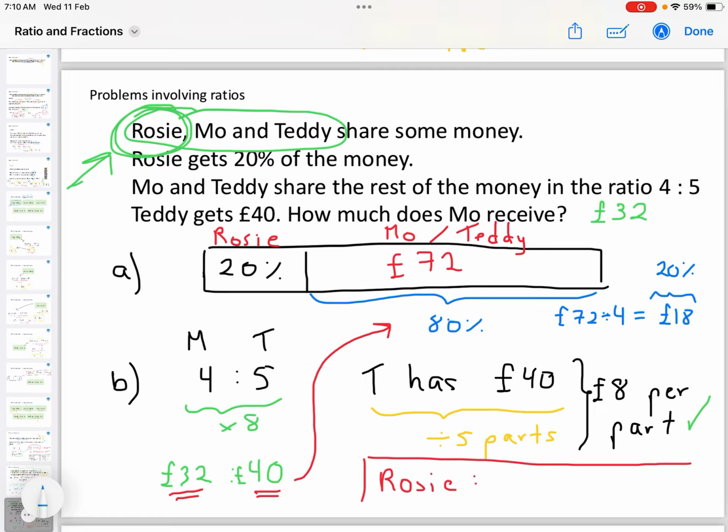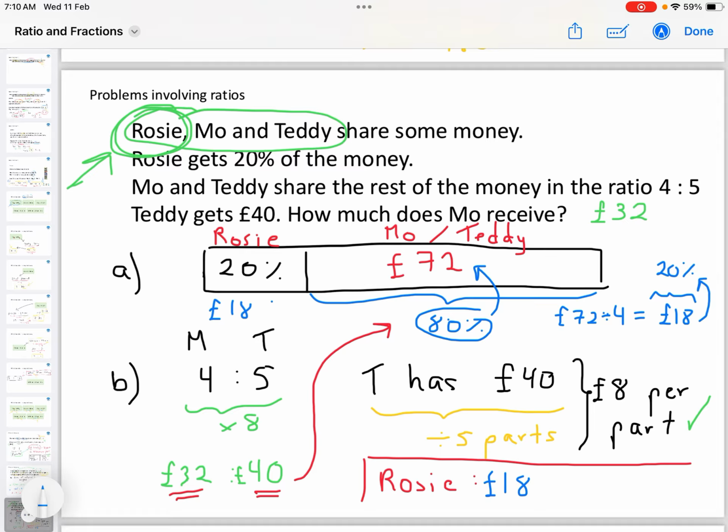Let me repeat. 80% is 72 pounds. So if I divide 72 into 4 parts, what I find is 20%, meaning that 18 pounds is the amount of money that Rosie has. So Rosie at the end had 18 pounds in her hands, okay? And that's it. That was the exercise that we finished last video.